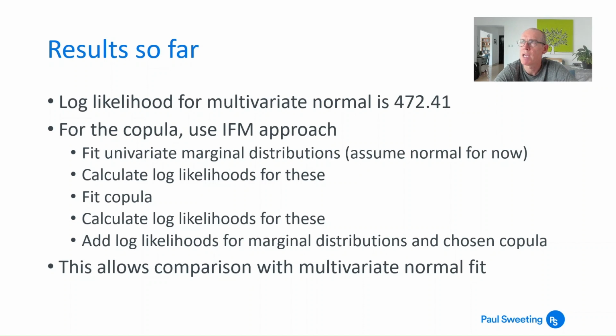And the main reason, I believe, is if you wanted to compare the fit of your copula with a multivariate distribution, such as the multivariate normal or multivariate T, you've got to have the marginals in there somewhere. So you've got to be looking at the likelihood of the marginals plus the likelihood of the copula to compare it with the likelihood for your multivariate distribution.